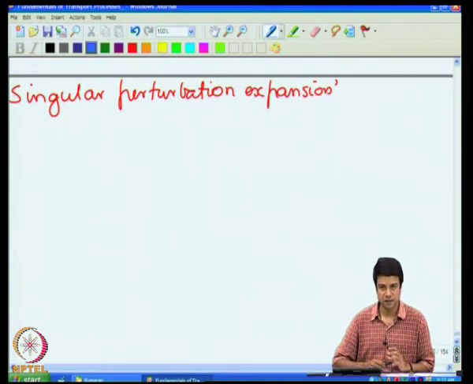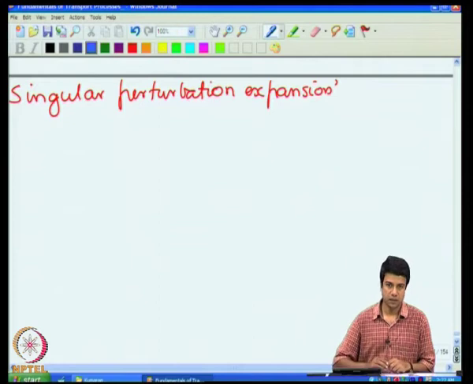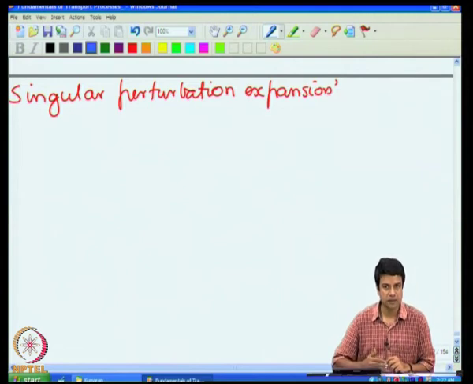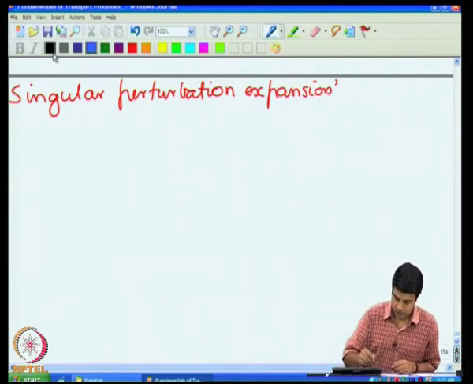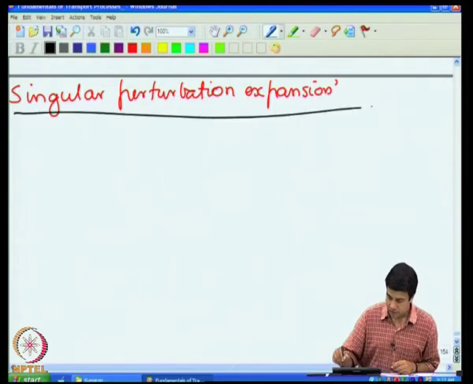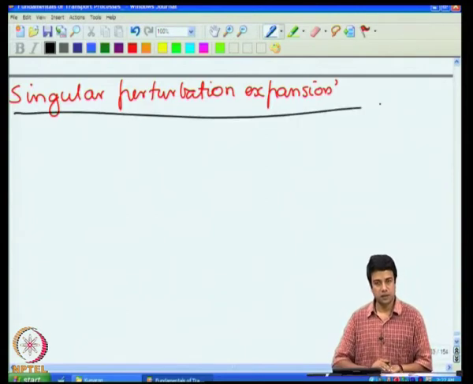The thickness of that layer is determined by this very balance requirement: in the limit Reynolds number goes to infinity, there should continue to be a balance between convection and diffusion within this layer of thickness delta, which is small compared to the macroscopic size. So, that is where we are right now.